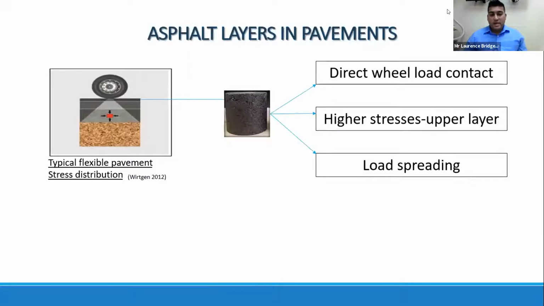So for pavement design, when you look at in-service pavements, the wheel load imposed on pavement surfaces causes deflection within the pavement system. As can be seen in this slide, these wheel load deflections cause compressive and tensile stresses within the pavement structure.